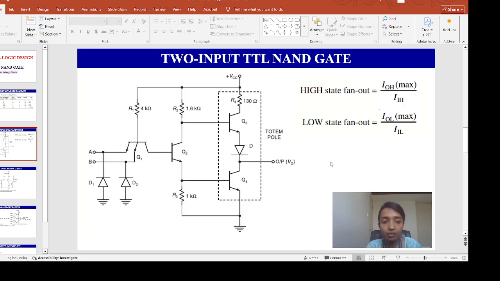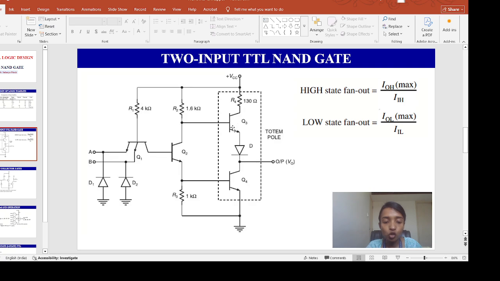VOL, the low level output voltage, will increase above 0.4 volts, so the noise margin will be reduced, and this VOL can even go to the intermediate state. What is that? Between 0.8 volt and 2 volt, right? Now, if my TTL output is at high state, Q3 transistor is acting as an emitter follower, right?